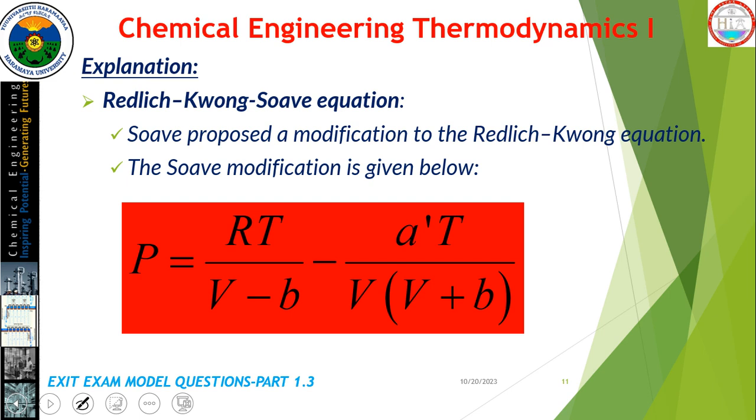So pressure equals RT divided by V minus B, minus A prime T divided by V in bracket V plus B. This is a thermodynamic equation of state, what we call the Redlich-Kwong-Soave equation.